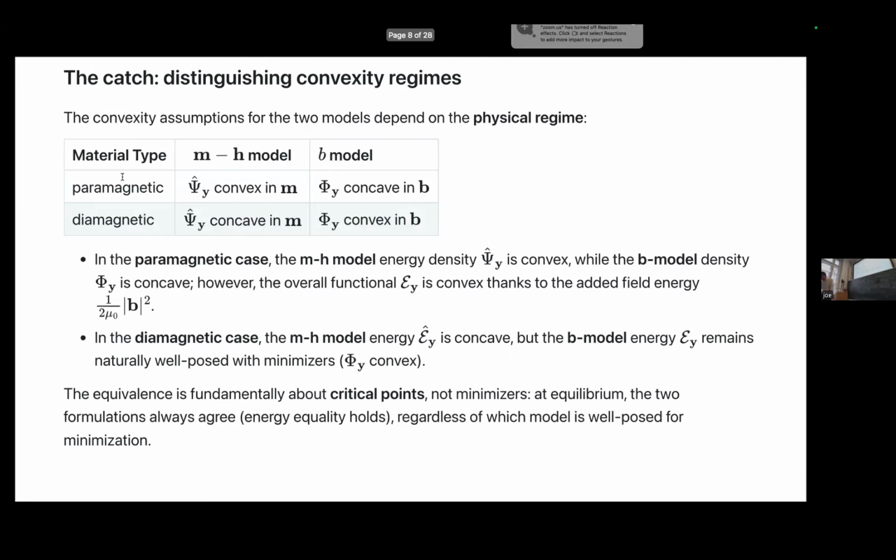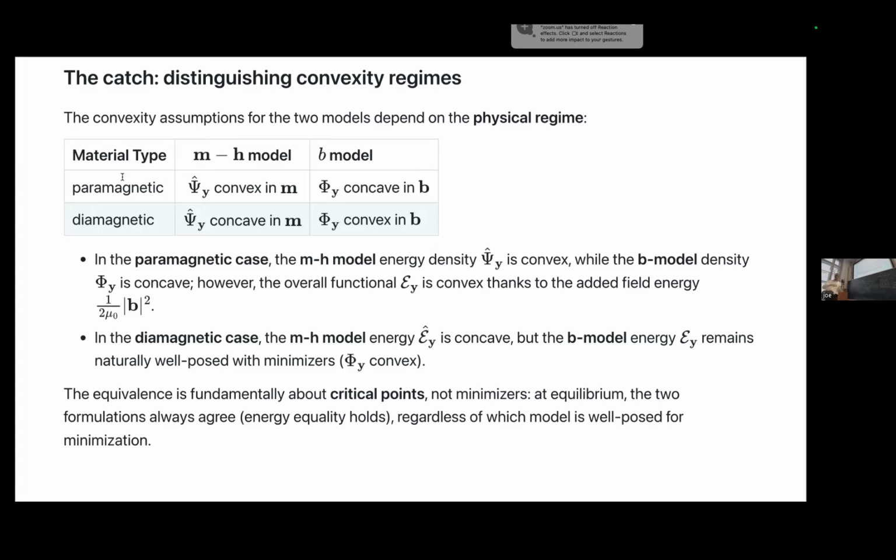So this is essentially the situation. Essentially, the convexity and concavity are exchanged for the two functionals, and so this suggests that this equivalence is more about critical points and not minimizers.